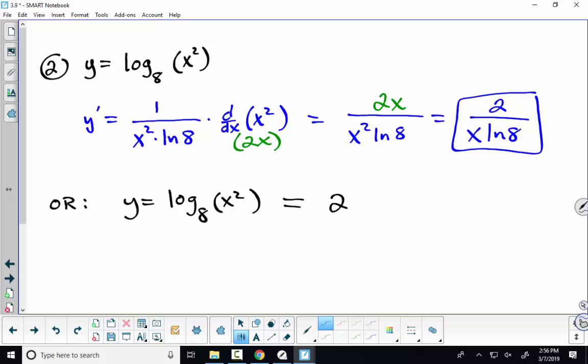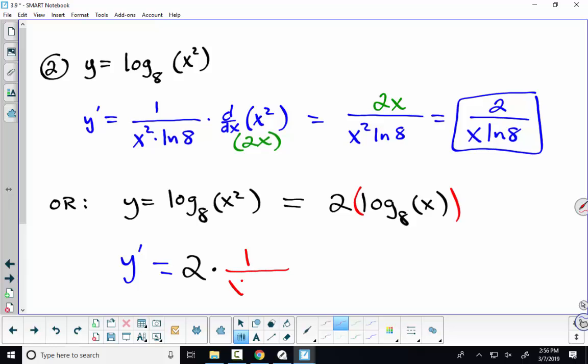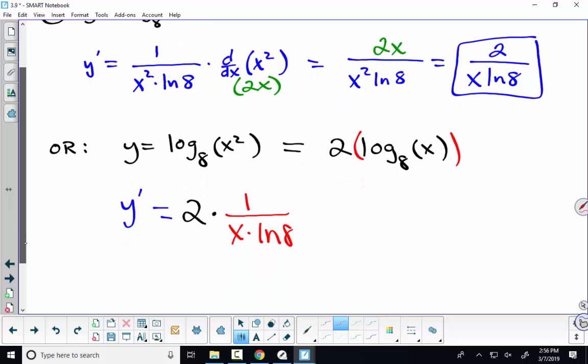We can call that 2 log base 8 of x. And so y prime is that constant 2 times the derivative of just the log base 8 of x. So it's 1 over the argument times the natural log of the base. So that's 2 over x ln 8 as well.